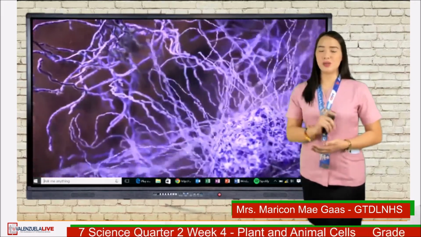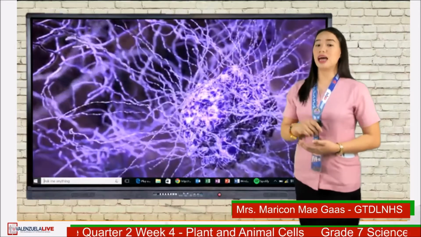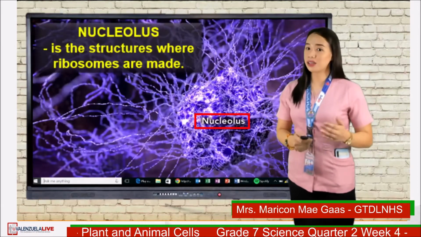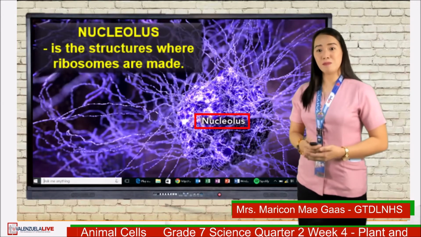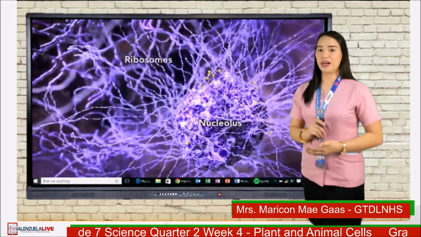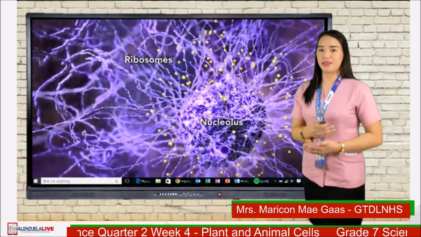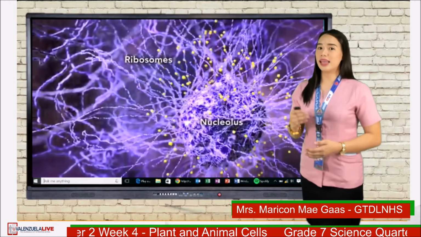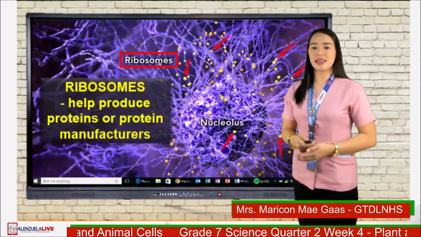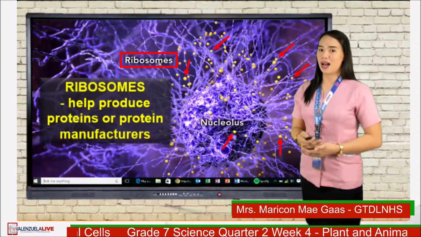The nucleus also contains a nucleolus, which is the structure where ribosomes are made. After ribosomes leave the nucleus, they will have the important job of synthesizing, or making, protein.